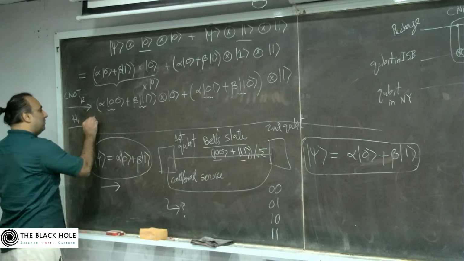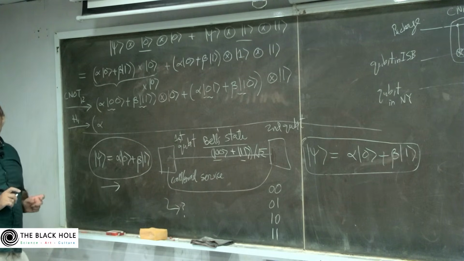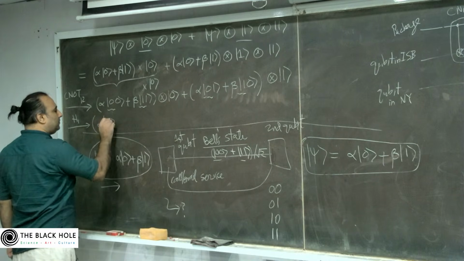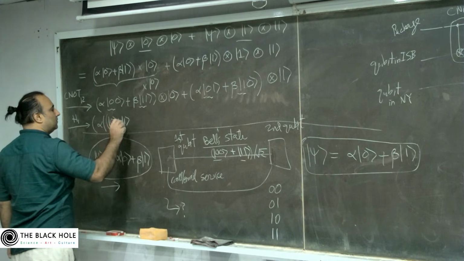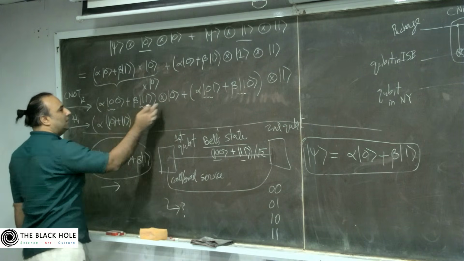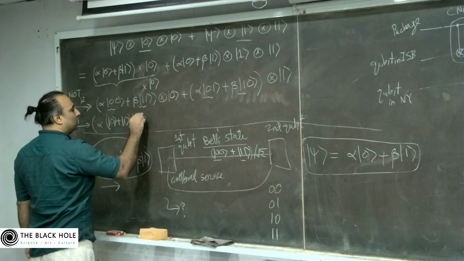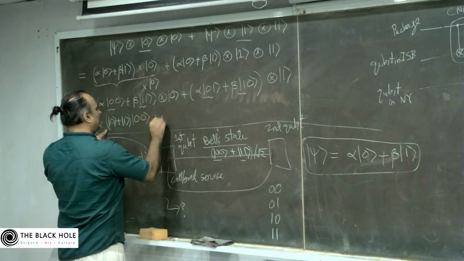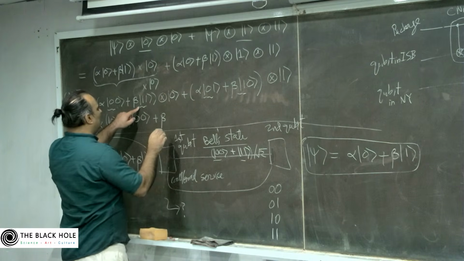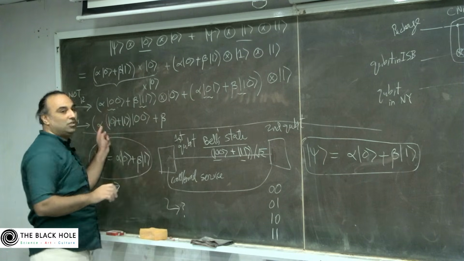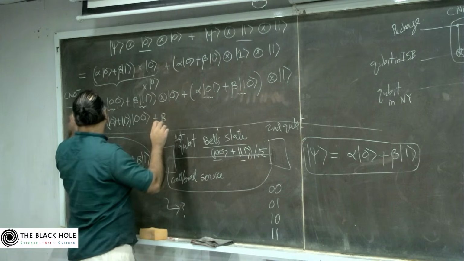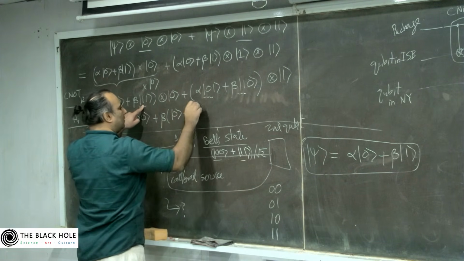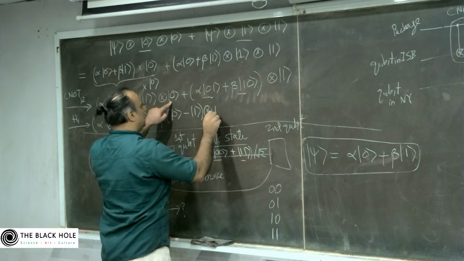If we apply this, H changes 0 to 0 plus 1, and then this qubit and that qubit I'm writing as 00, plus beta, and 1 changes to 0 minus 1 with H. Okay, it becomes 0 minus 1, and then this 1 and this 0.